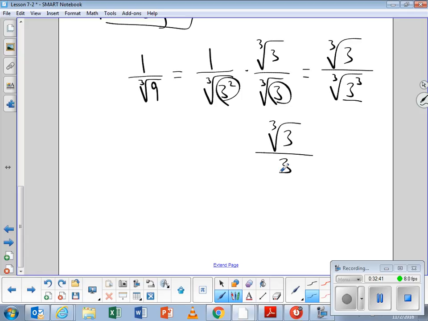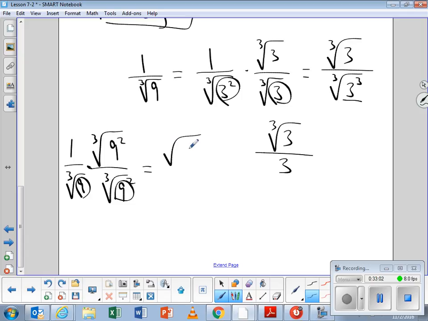Now if someone said, I'm going to multiply cube root of 9 times cube root of 9, that's not going to work, because now I only have two 9s. I'd really need 9 squared in there. And when I got done, I'd have the cube root of 9 squared over 9, and then I'd have to not rationalize, but simplify that.